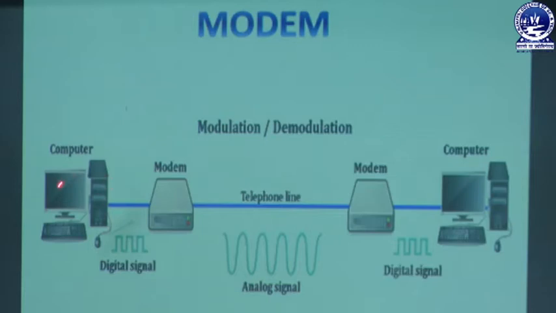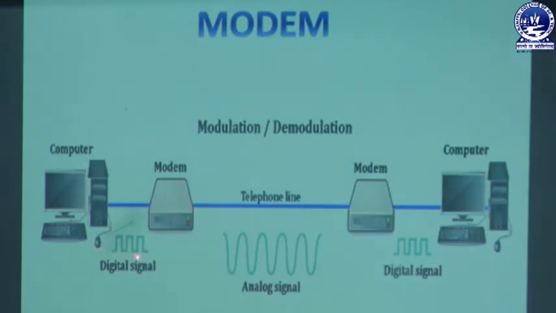This is the system where we have to change the digital signal to analog signal. The systems are digital in nature, while the lines through which the signals will be transmitted are analog in nature. So the data which needs to flow in a line must be converted from digital signal to analog signal.